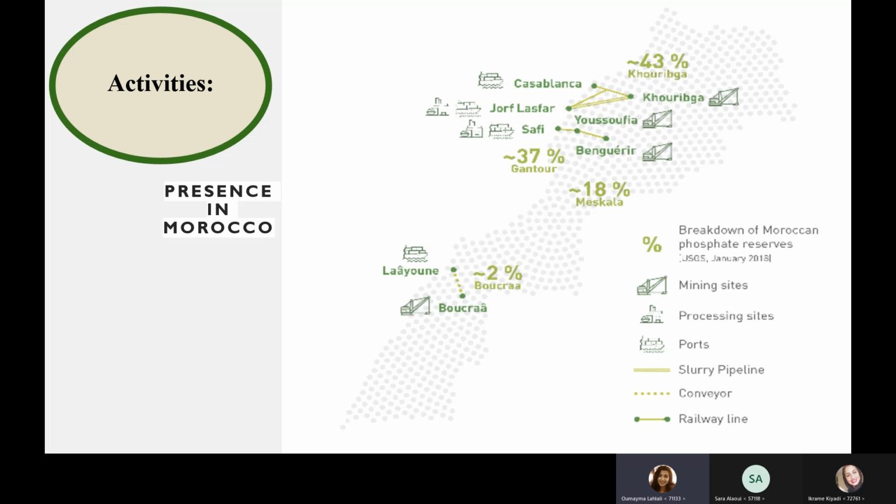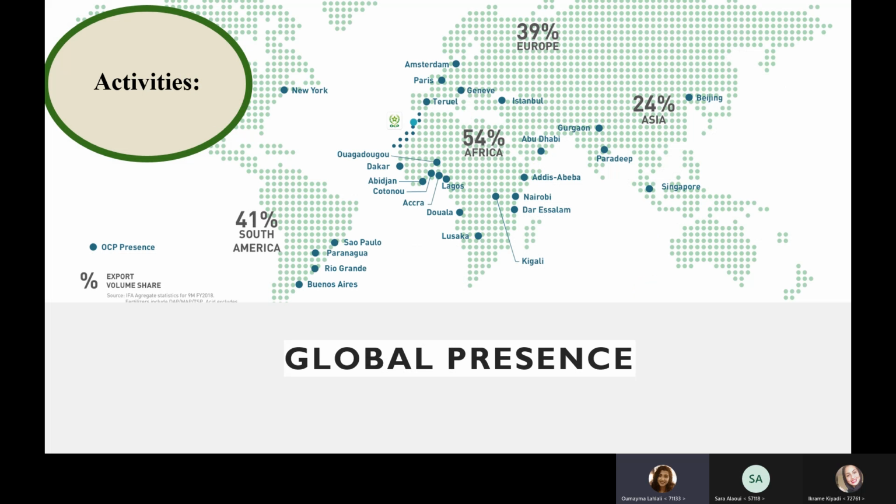And moving to the global presence, as we can see here, they have 41% in South America, 54% in Africa, and 39% in Europe. And the last one, which is Asia, they have 24%.